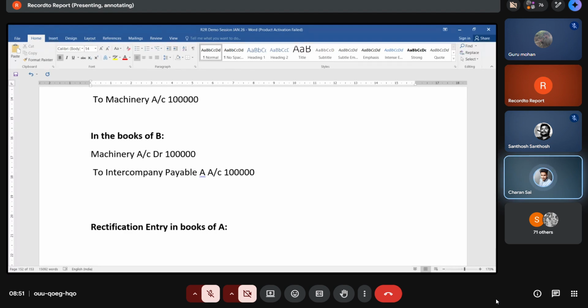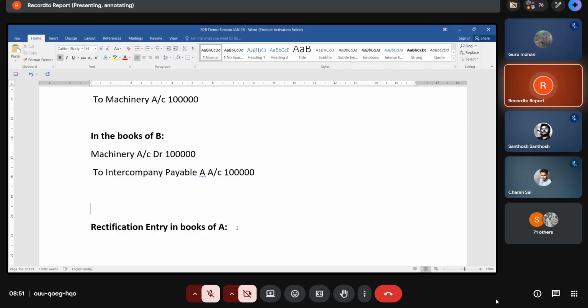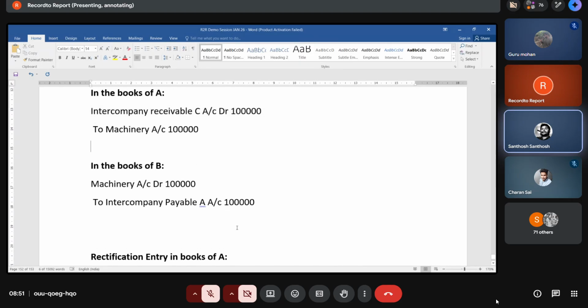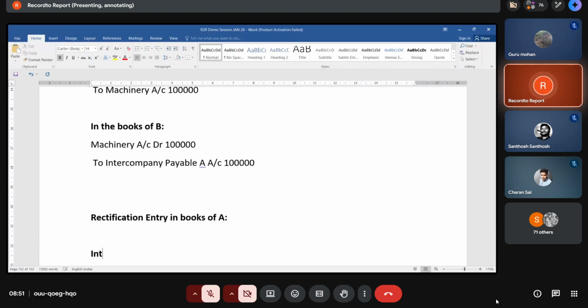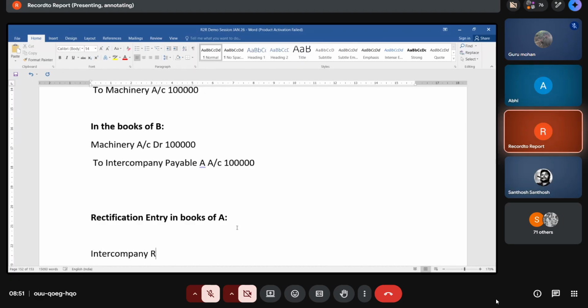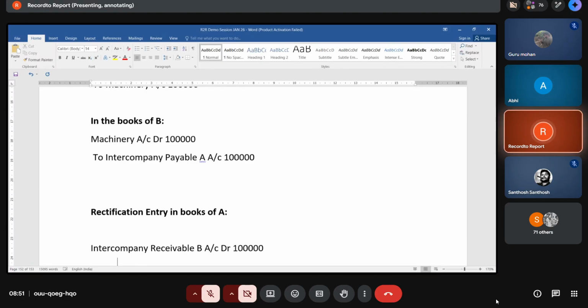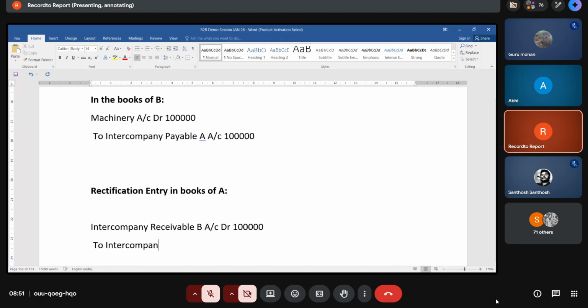So which account did we debit wrongly? The receivable account C. So which account should actually be debited? B. So intercompany receivable B account debit 1 lakh rupees to intercompany receivable C account.